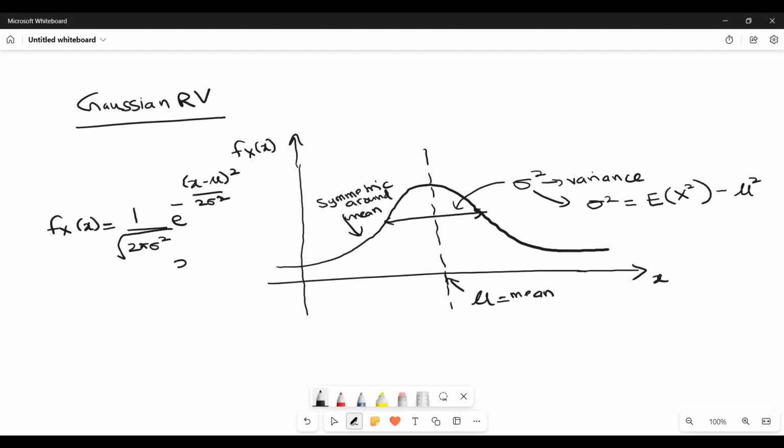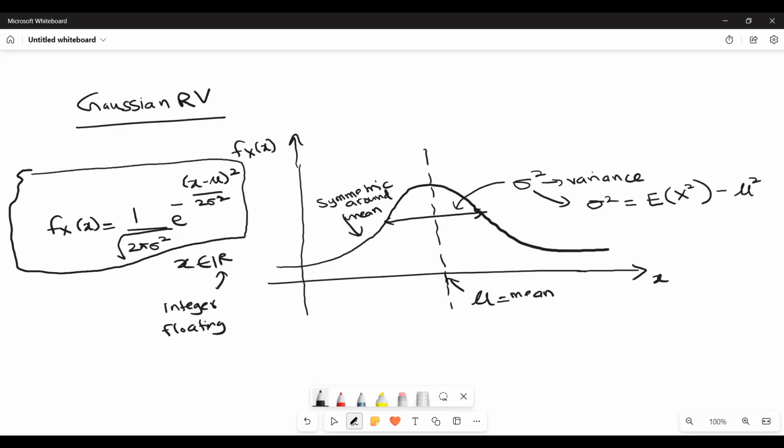And this x value can be any real value on the real axis. Real values mean integers and floating points, basically any value that we can name. So this is the function that we define as the Gaussian density function, the Gaussian distribution function.